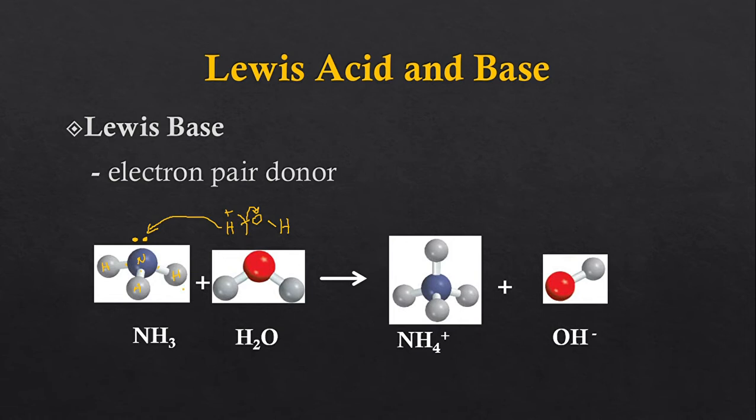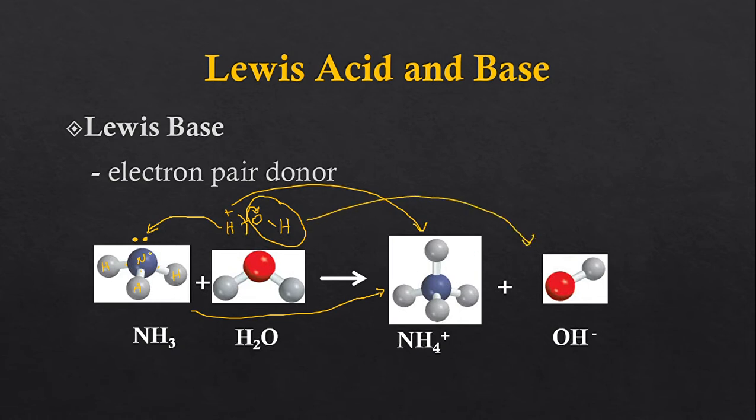Kaya, kung titignan nyo dito sa structure natin, yung isang hydrogen ni water, kumabit dito sa lone pair ni nitrogen. Kaya ito na siya. Ayan. Okay? Tapos yung hydroxide ion na natira nung umalis yung isang hydrogen, ito na yun.